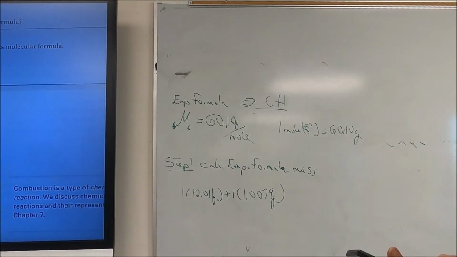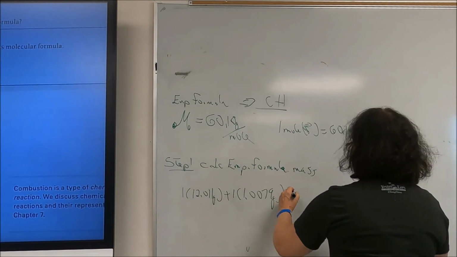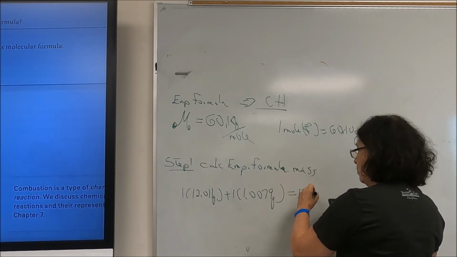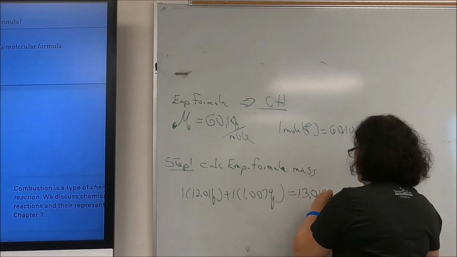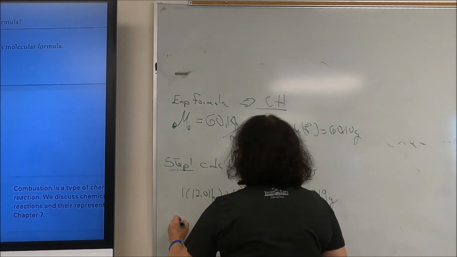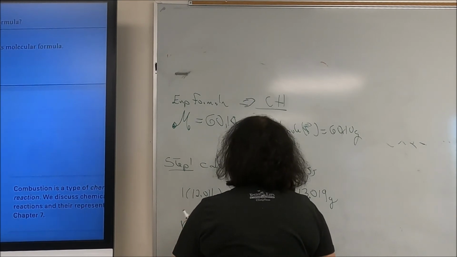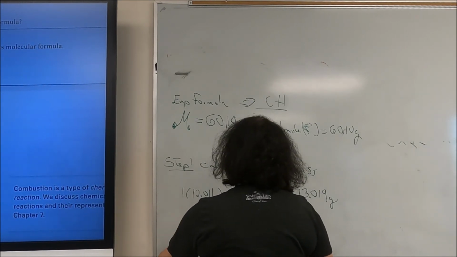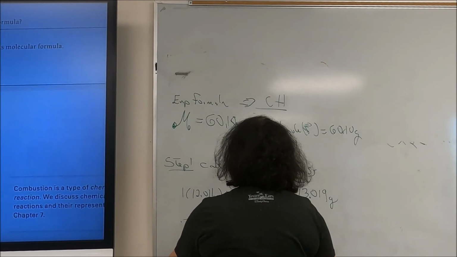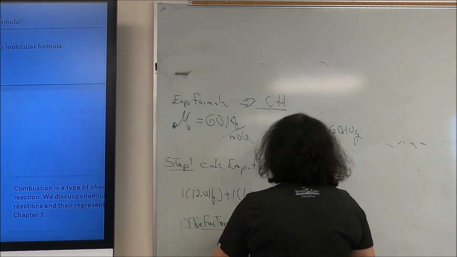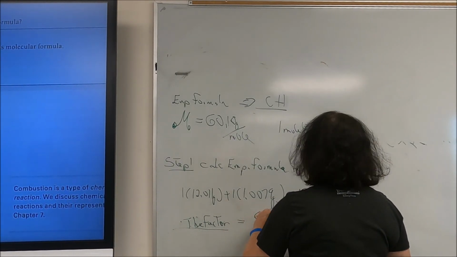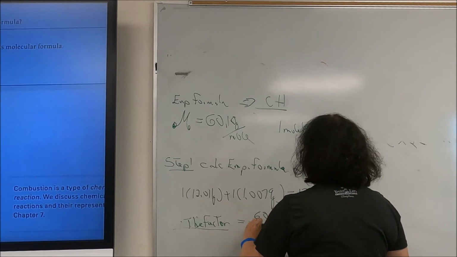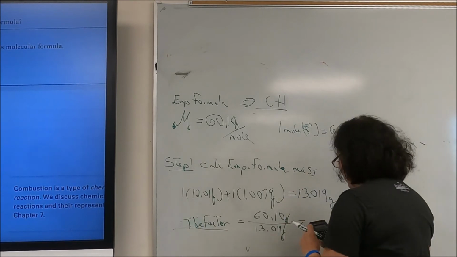So 12.011 plus 1.0079 gives me 13.019 grams here. So to get our ratio, or your book calls it the factor. Doesn't that sound impressive? The factor. We're going to take the 60.10 grams and divide it by 13.019 grams, and the grams and grams divide out.